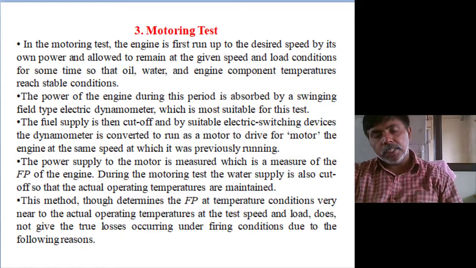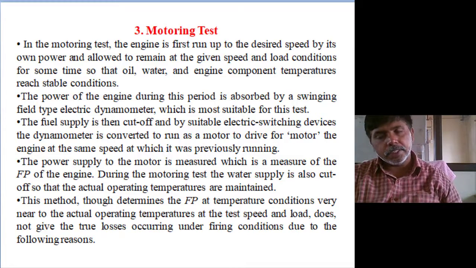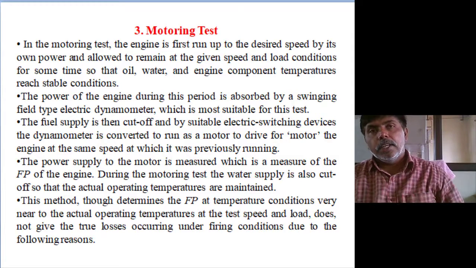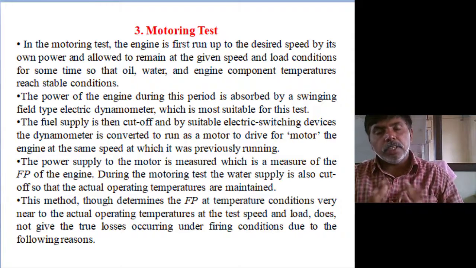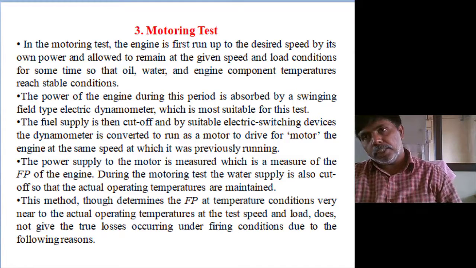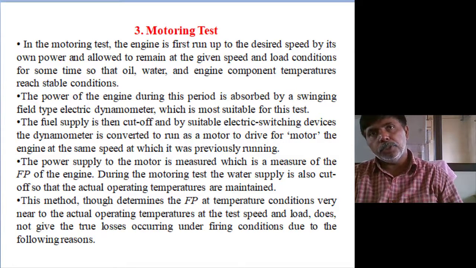Now the engine is in normal running, steady state condition, with all operating parameters steady. Then you cut off the power supply. Using that generator, you run the motor at the normal speed, the earlier speed, in no load condition.